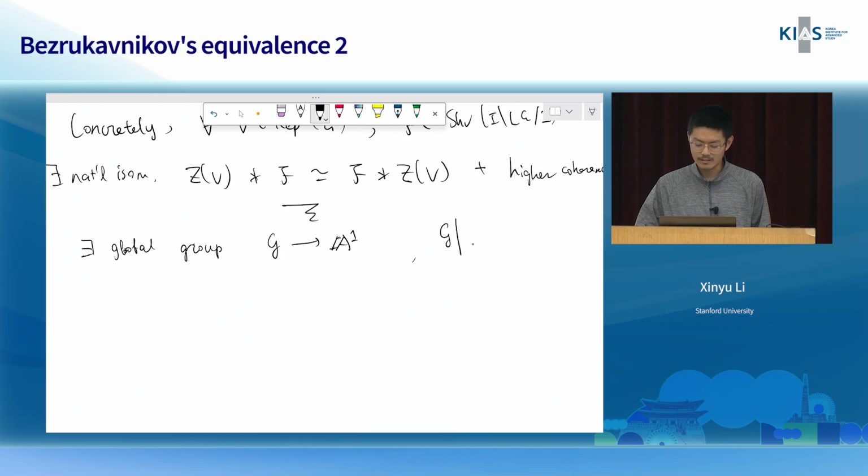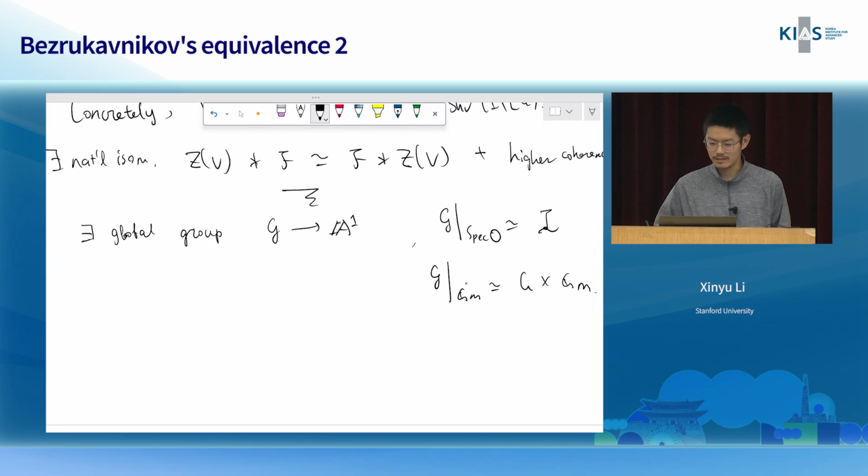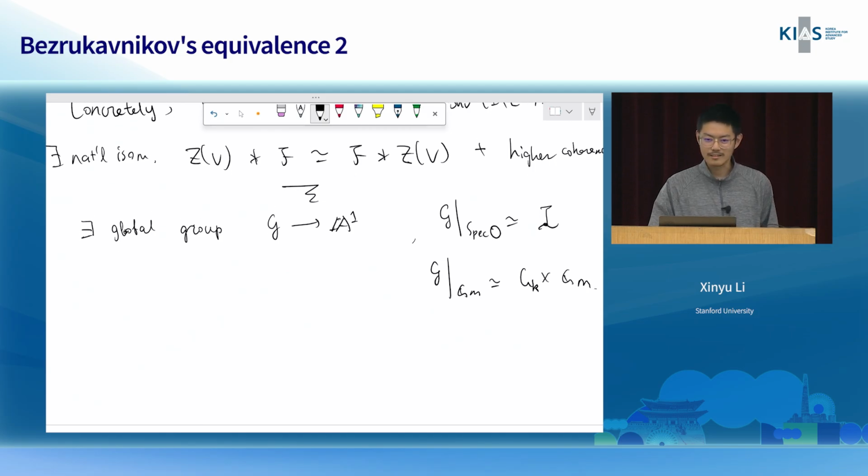When you restrict it to Spec O, it's isomorphic to this Iwahori O-model of the group G. And when you restrict to Gm, it's isomorphic to the constant group G times Gm, where G is this thing defined over K. You think of it as the origin. The origin or like the completed local ring of the origin?